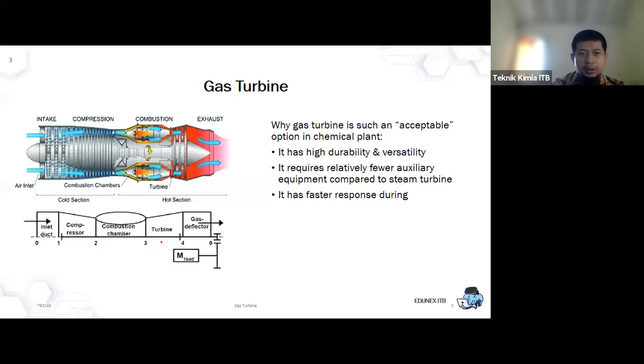Because the compression ratio will be greatly affected by the fuel type. Even when we change from conventional diesel fuel to biodiesel, sometimes it creates bad impacts to the machine.